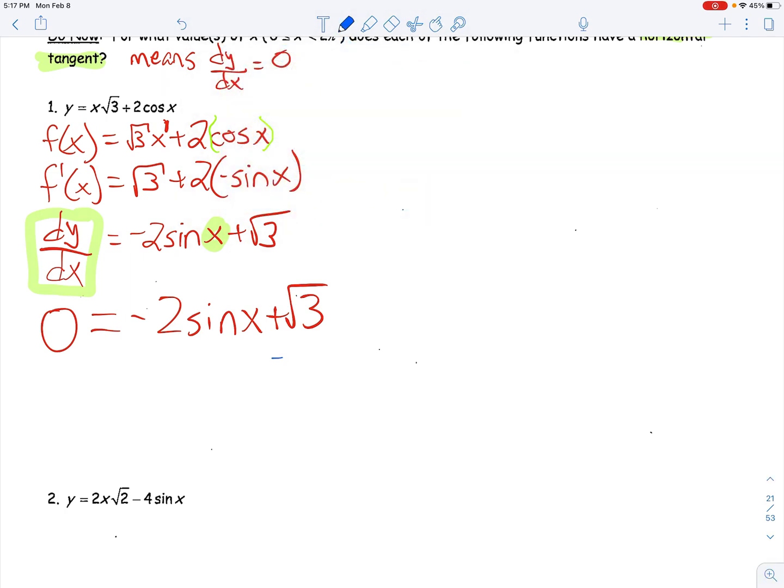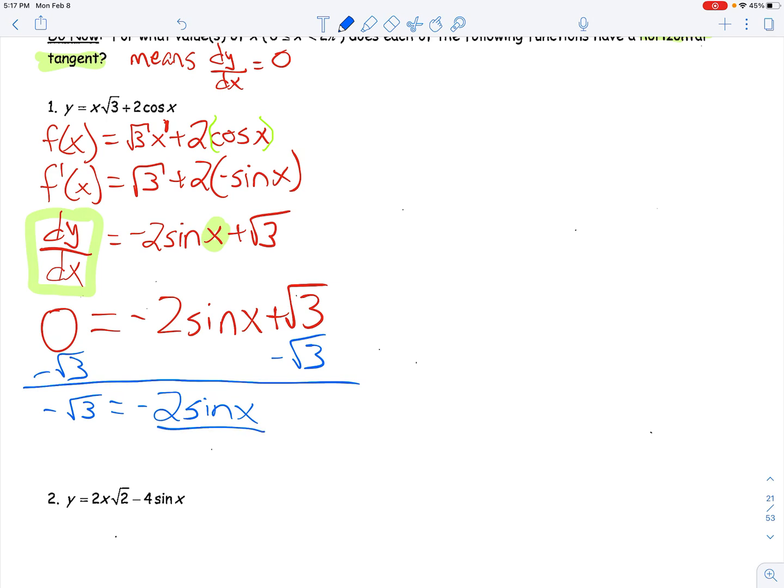All right. What you want to do here is isolate the trig function, just sine of x. So I'm going to move the radical 3 over to the other side by subtracting. So negative radical 3 is going to equal negative 2 sine of x.